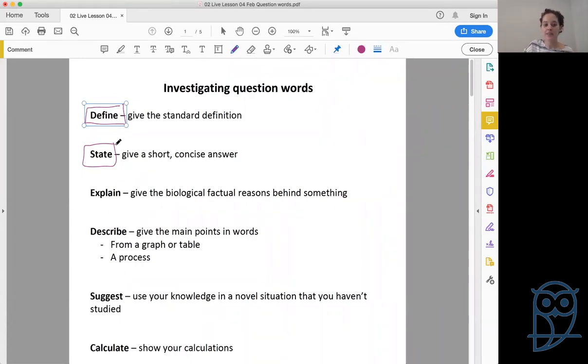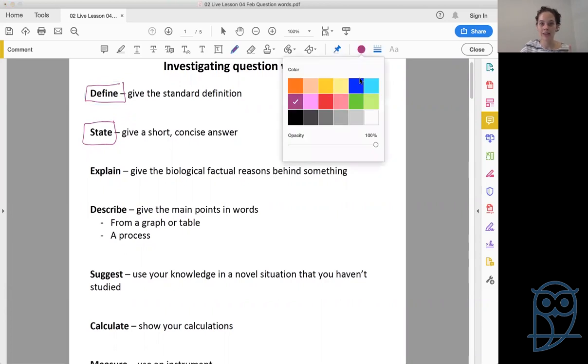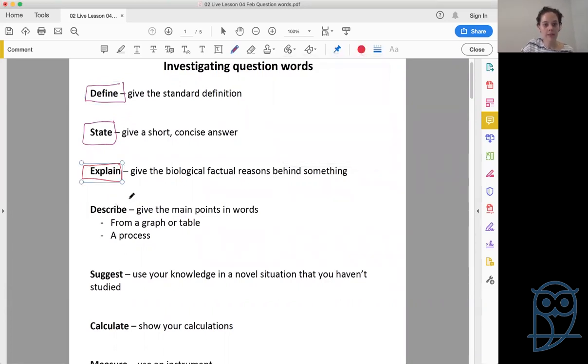If they ask us to explain, maybe we're going to change color here because these next two are ones that often get confused. Explain and describe. So to explain something is to give the biological factual reasons behind something. So it's why does it do what it does? How does this happen?